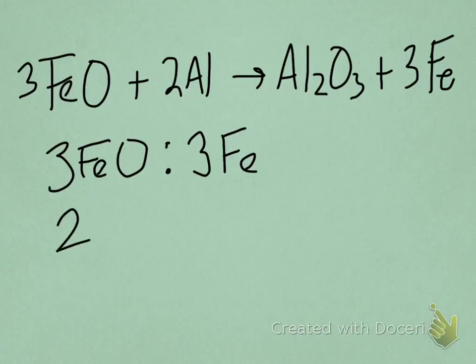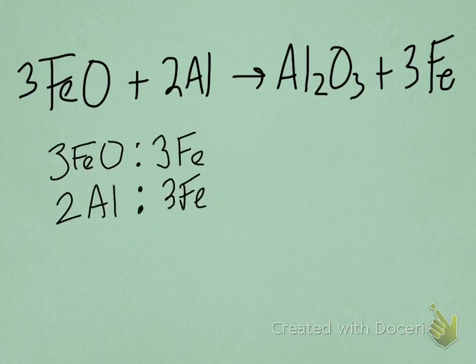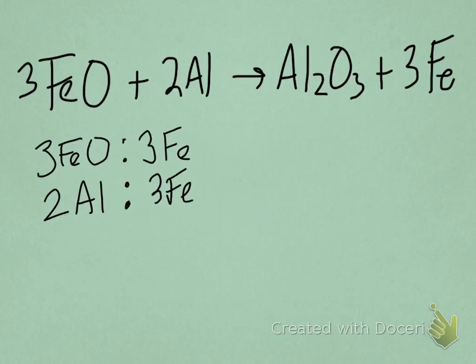Well, for every 2 moles of aluminum that you put in, how many moles of pure iron will you get out? 3. Conversely, because we can run these in both directions, for every 3 moles of iron that you need, you know that you're going to have to put in 2 moles of aluminum.